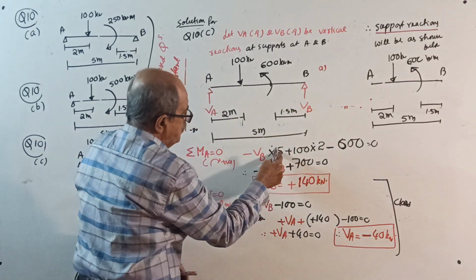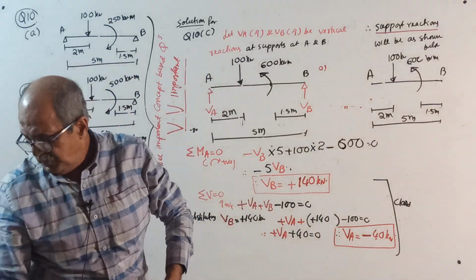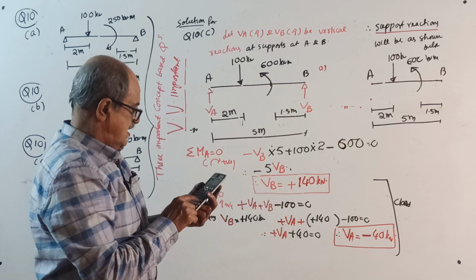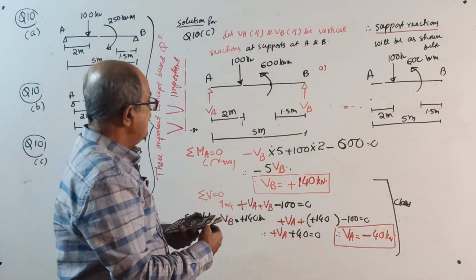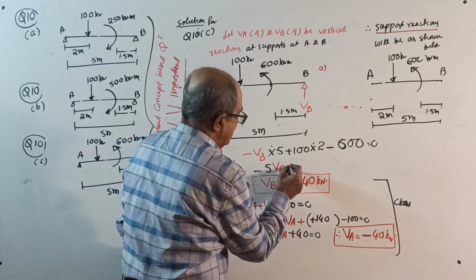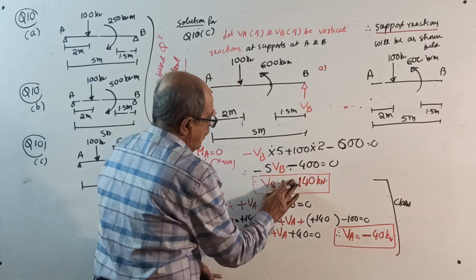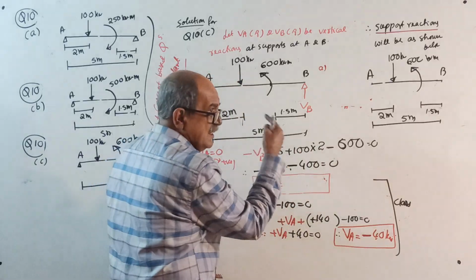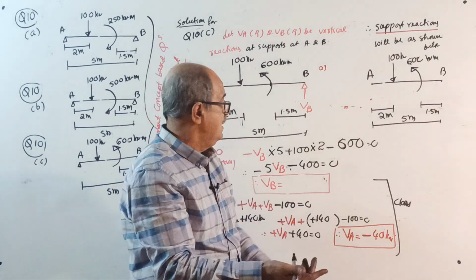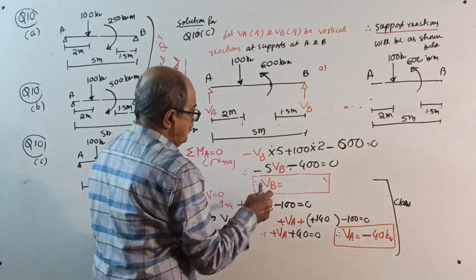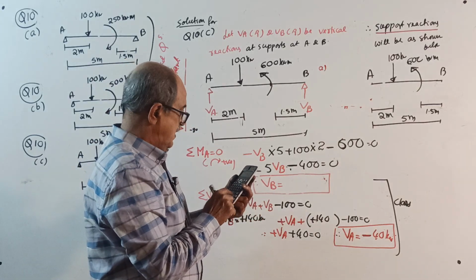You will get minus 5 VB, then 100 into 2 is positive, minus 600 is minus 400. Minus 5 VB minus 400 equal to 0, so 5 VB equal to minus 400. This is now primary school mathematics, 400 by 5.